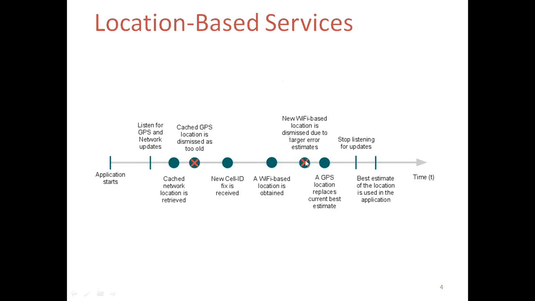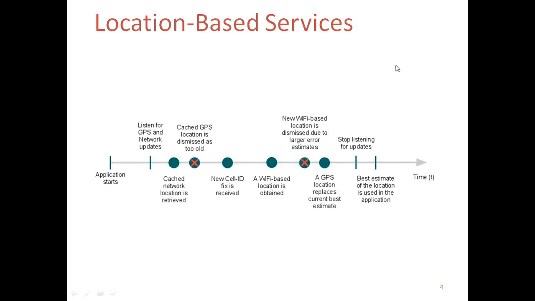Then the application checks that the new Wi-Fi based location is either dismissed due to larger error estimate, or a GPS location replaces the current best estimate.